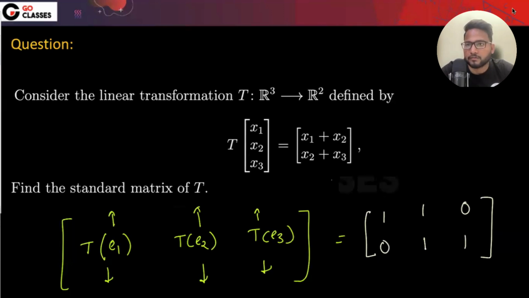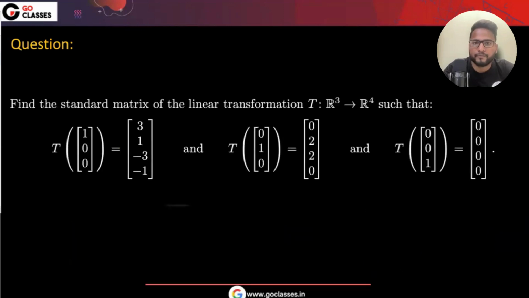Okay, cool. Now, I hope you understood how we are calculating the standard matrix, right? It is called a standard matrix. Now let's just see this question. Find the standard matrix for this linear transformation T such that this is the case.